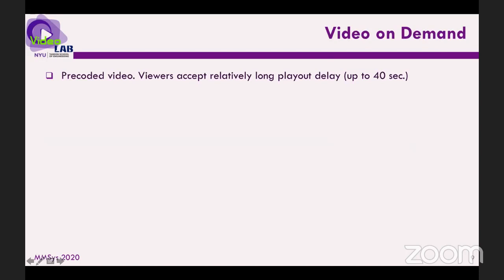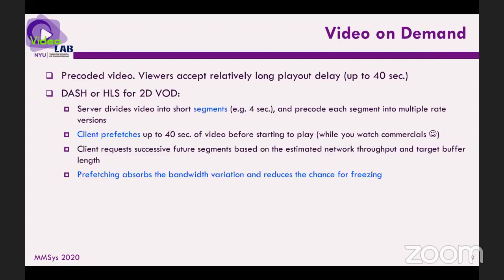In video on demand, we pre-code video into multiple rates. And in this type of application, viewers typically accept relatively long playout delay. As you all know, for video on demand, the popular protocols are DASH or HLS. With such a system, the server divides video into short segments and pre-codes each segment into multiple rate versions.